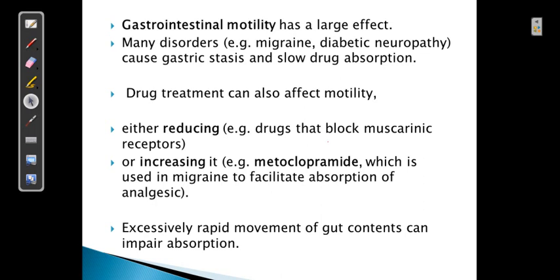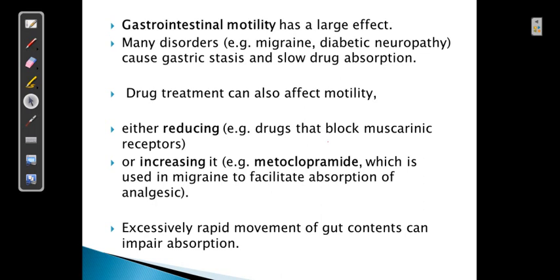The example of the drugs which reduce the GI motility are muscarinic receptor blockers or anticholinergic drugs like dicyclomine. The example of the drug which increases the GI motility is metoclopramide. That's why it is used in migraine to increase the absorption of analgesic. We know that in migraine GI motility is decreased.